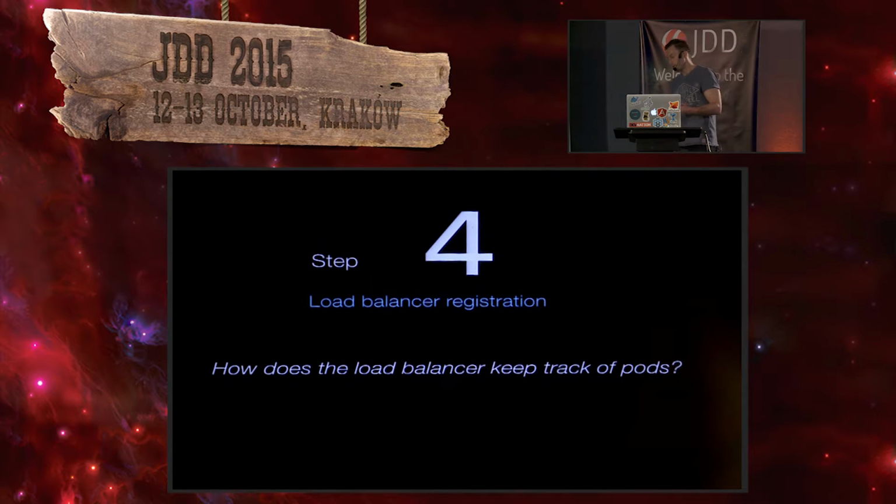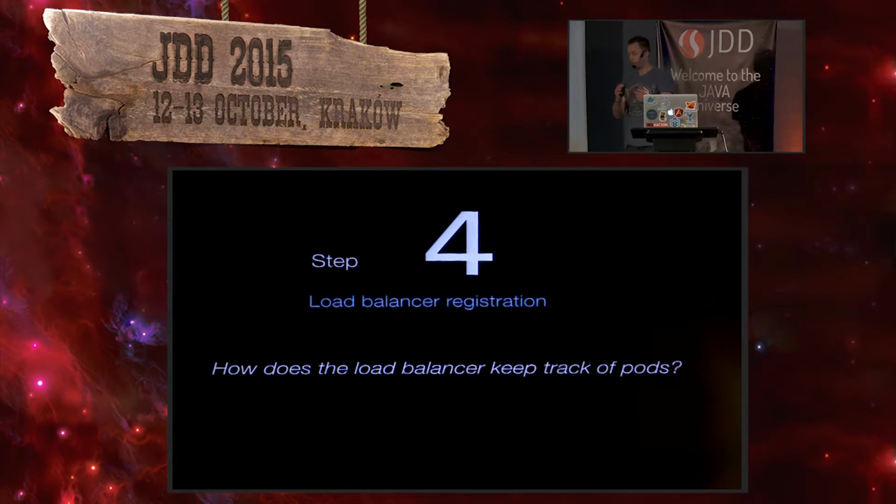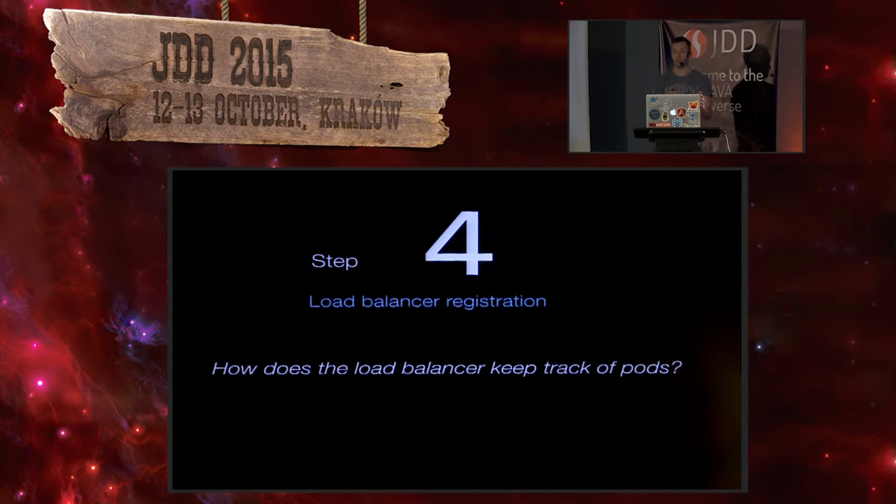Okay, so we now have the possibility to run HAProxy as a load balancer. HAProxy is able to access our pods because we have this Flannel network. That's good. But how does the load balancer keep track of pods? Because every time I scale, for example, maybe with some auto-scaling algorithm that we use, new pods might be spinning up, or maybe pods crash and they're rescheduled to other machines.